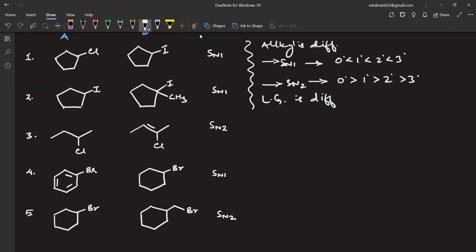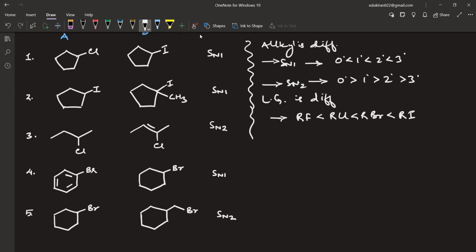Now, if the LG is different, then what will be the order? RF will be slowest, followed by RCl, RBr, RI. Okay. So first of all, you have to see what is different. The alkyl group is different or the leaving group is different.